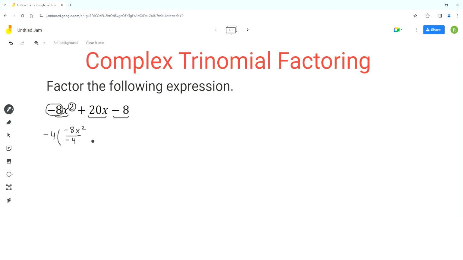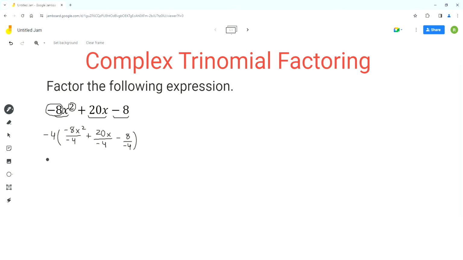If you understand that step, then you can choose to skip this step. So then we do 20x over negative 4 and then negative 8 over negative 4. And then we close the parentheses.